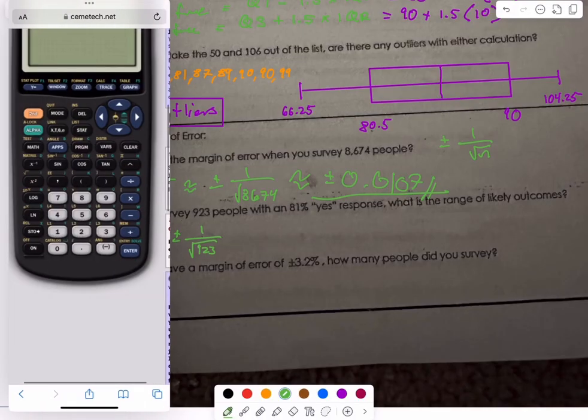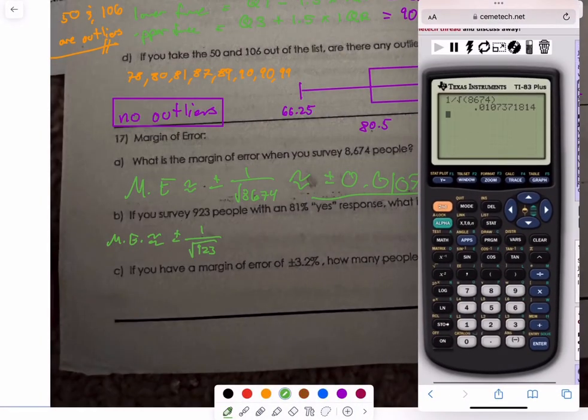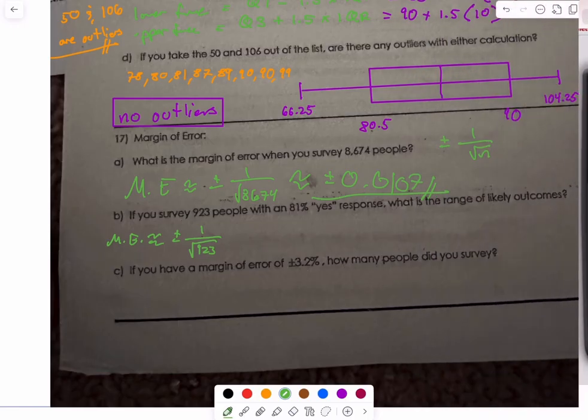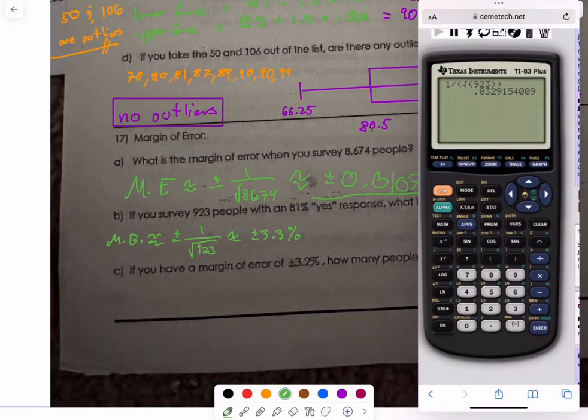Okay, so we get an approximation. One over the square root of 923. So about 3.3%. Then we can do 81 minus 3.3.